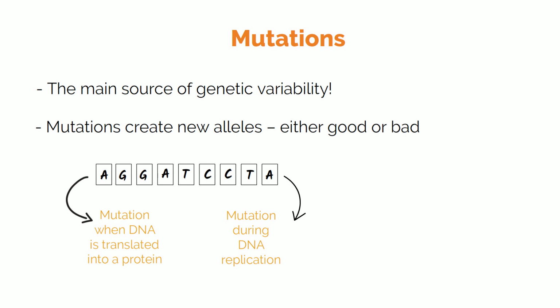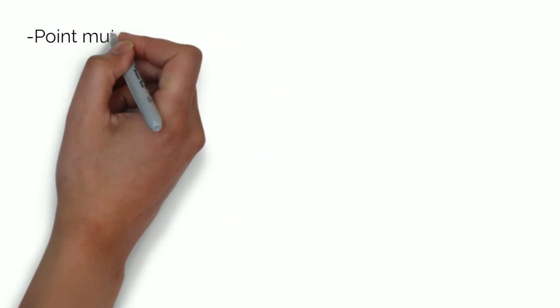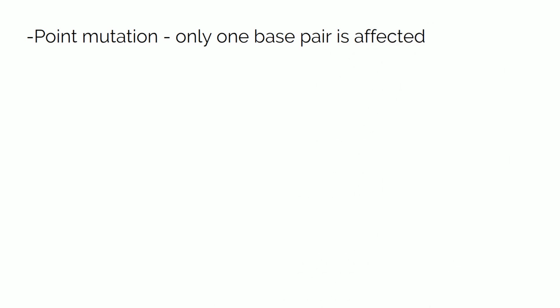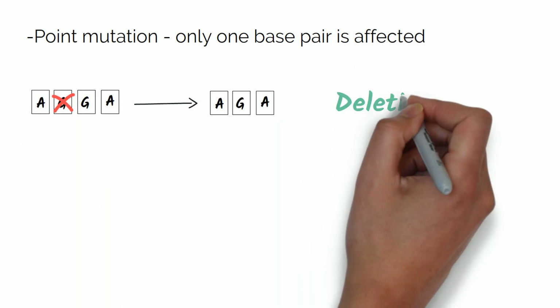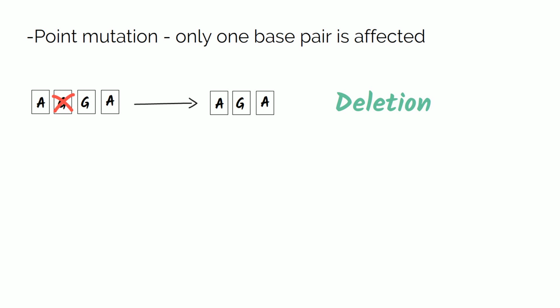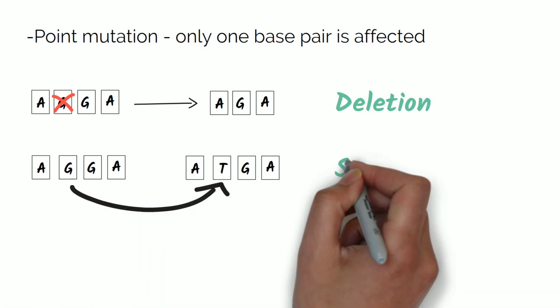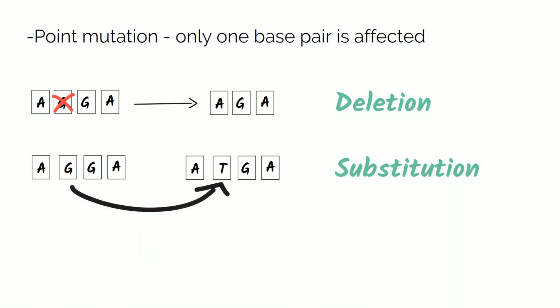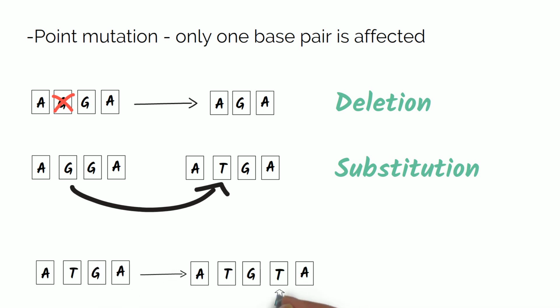It can be a point mutation, which means only one base pair is affected. This base can either be removed altogether, called a deletion. It can be replaced by another base, called a substitution, or another base that wasn't there to begin with can be added to the DNA strand, called an insertion.